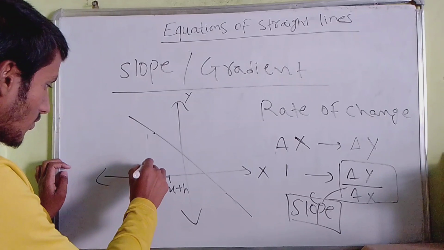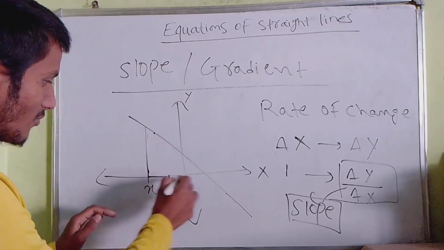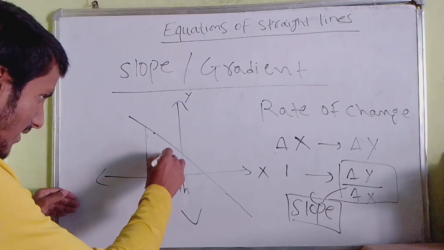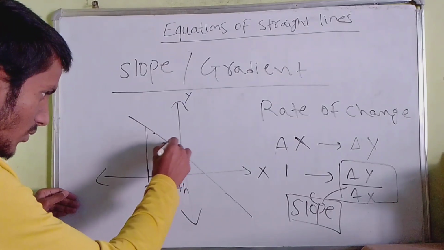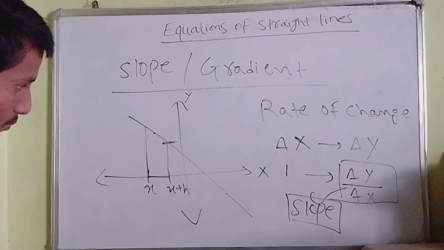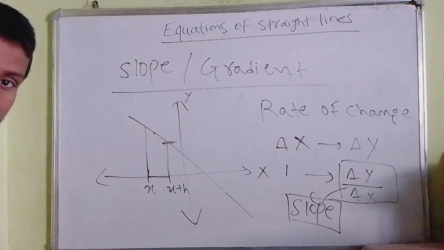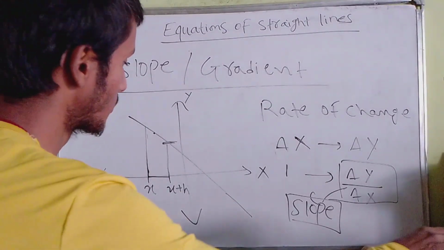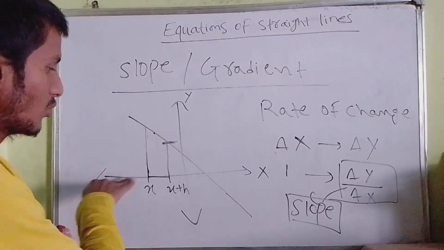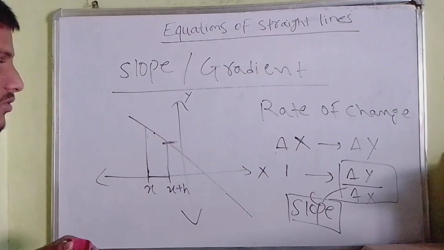Y was first at this point. Now, as we have incremented x, you can see that y has gone down, which is a decrease. As there is a decrease in y, we call it a decreasing, negative slope. In other words, as we move forward, the line decreases.